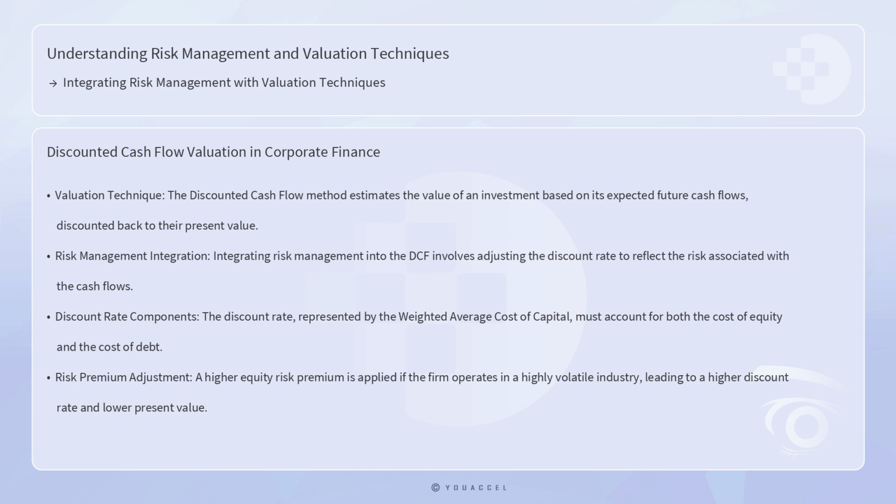The discount rate, often represented by the weighted average cost of capital, must account for both the cost of equity and the cost of debt, incorporating the risk premiums for each component. For example, a higher equity risk premium would be applied if the firm operates in a highly volatile industry, leading to a higher discount rate and a lower present value of future cash flows. This adjustment ensures that the valuation accurately reflects the firm's risk profile.